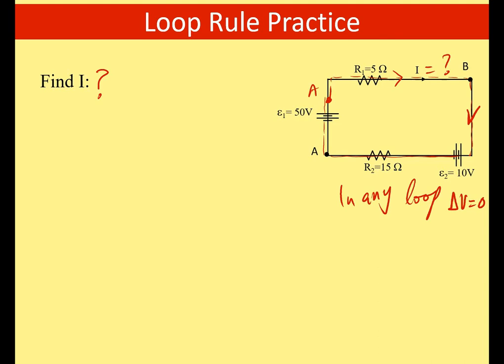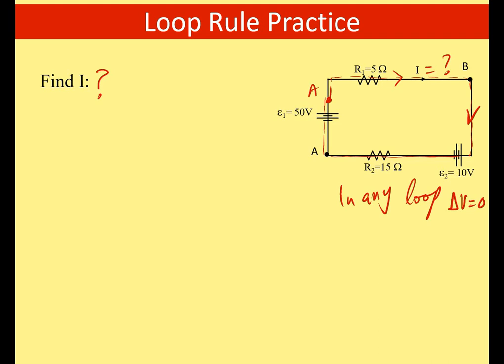So when I cross this one, this is a positive terminal of the battery and this is a big battery. So of course the current flow will be due to this one, not due to this small battery. So we have a big battery here. For this one, if I cross this one, I will go from high voltage to low voltage.